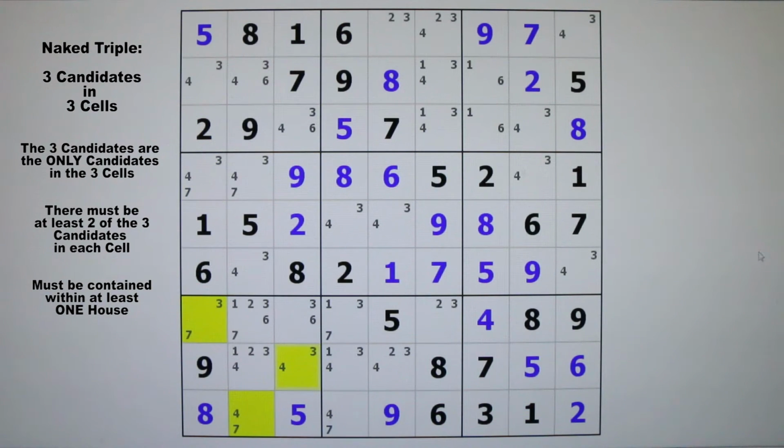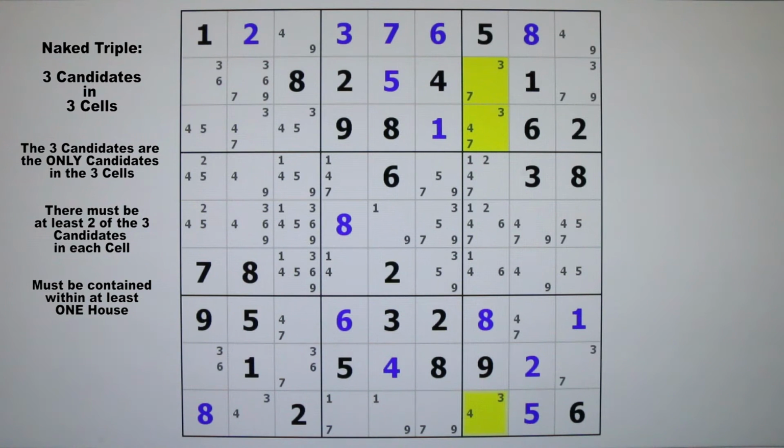Next one. Now here we have in block 7 a naked triple of 7, 3, and 4. So we can remove this 3, this 7, this 3, and this 4. Next one. In column 7, we have 4, 7, and 3.